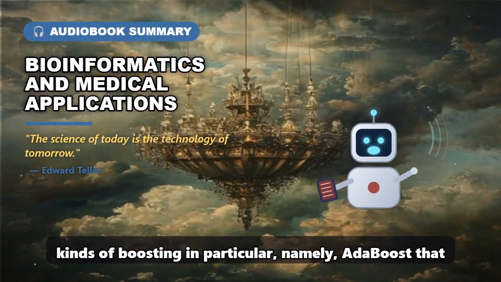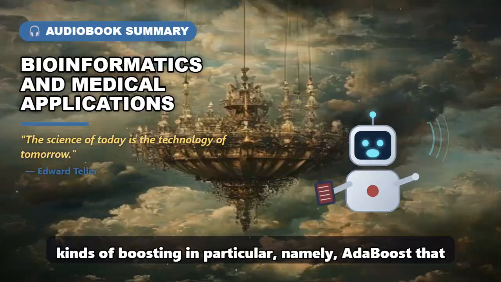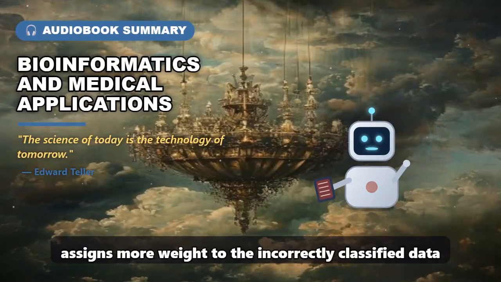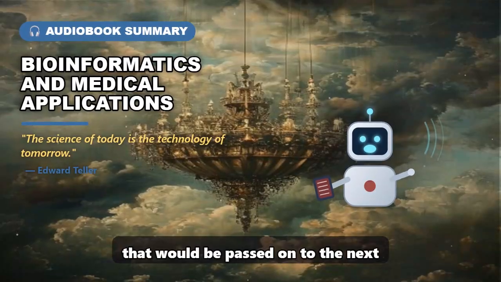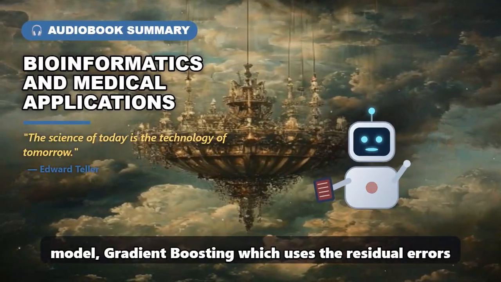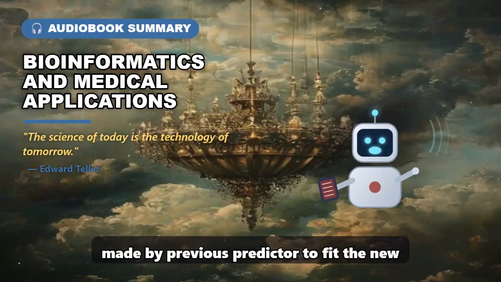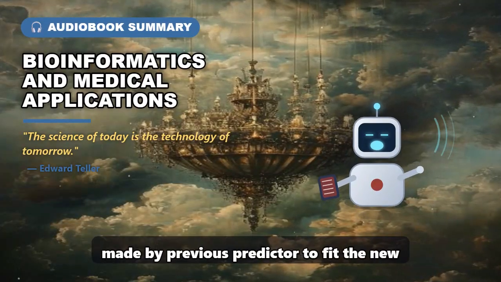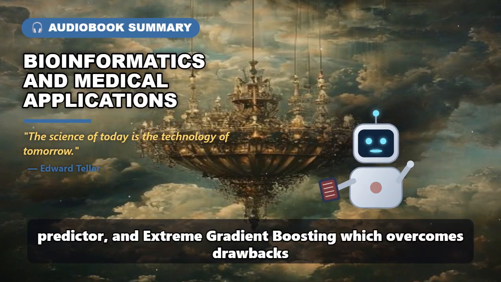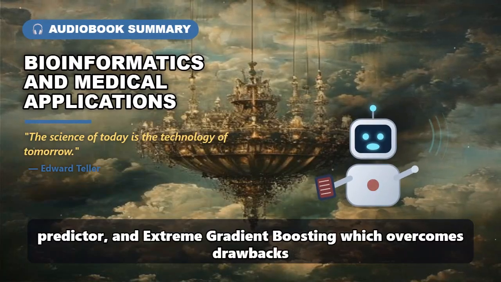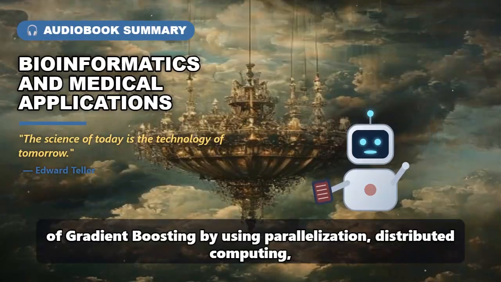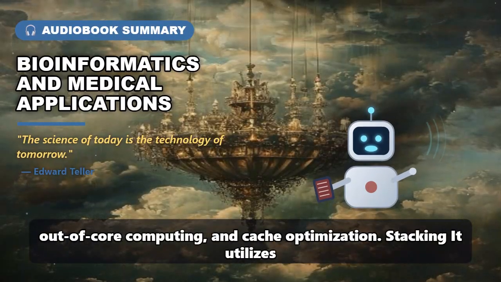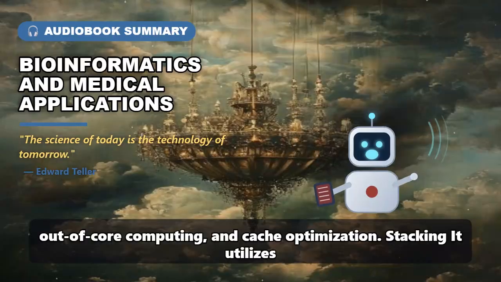There are three kinds of boosting, namely AdaBoost, which assigns more weight to the incorrectly classified data that would be passed on to the next model; gradient boosting, which uses the residual errors made by the previous predictor to fit the new predictor; and extreme gradient boosting, which overcomes drawbacks of gradient boosting by using parallelization, distributed computing, out-of-core computing, and cache optimization.